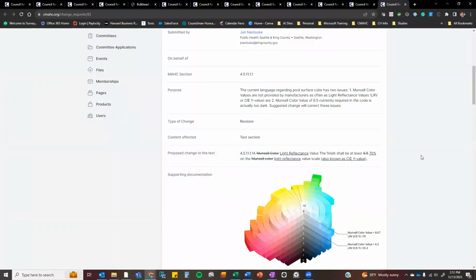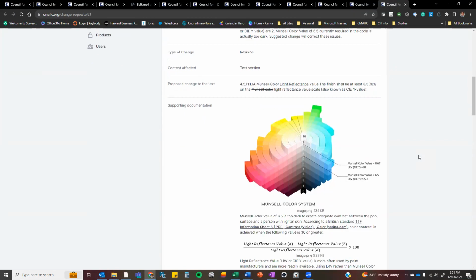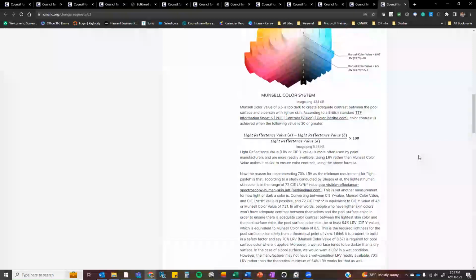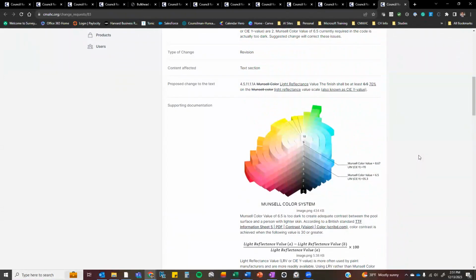There was no TSAC comment. There was no public comment on this one, but in the little bit of research that I could do, this is basically the light reflective value of the pool surface for tile, plaster, whatever, paint.